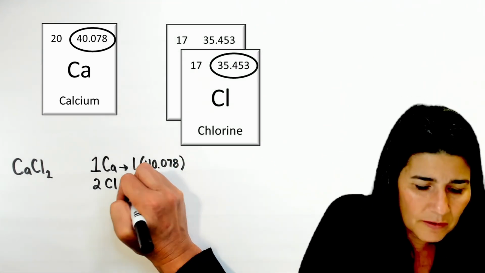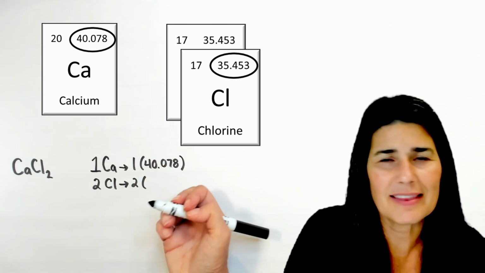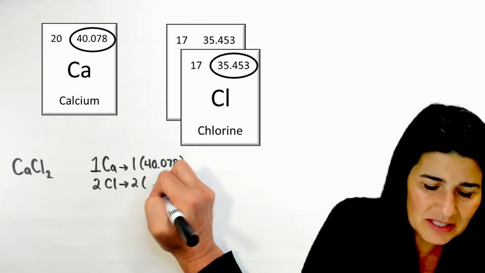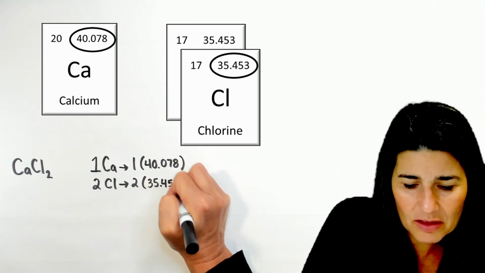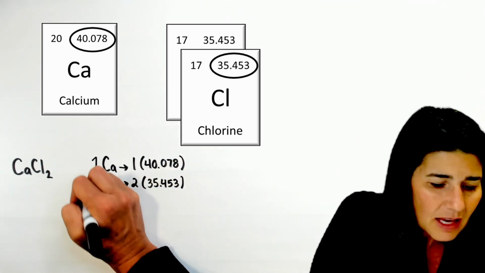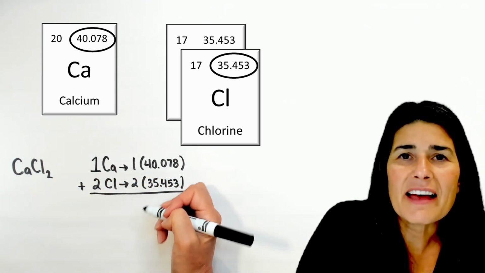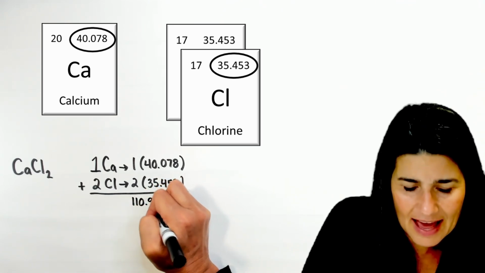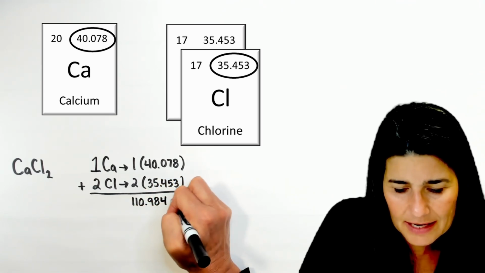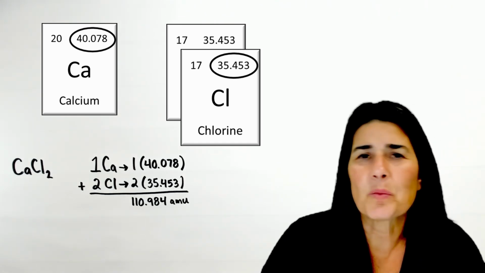We've got 2 of those chlorine atoms, and if you look at the atomic weight of your chlorine, you see 35.453 AMU. If you add all of those up together, you're going to get a value of 110.984 atomic mass units.